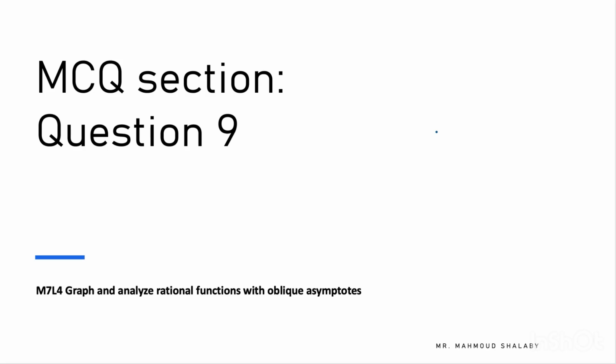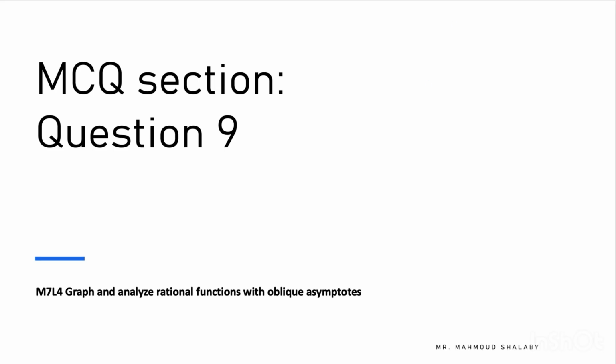Okay, now a question 9, still in the MCQs, module 7, lesson 4, graph and analyze rational functions with oblique asymptotes. Alright, so before we start, let's have a very quick revision on the rational function.